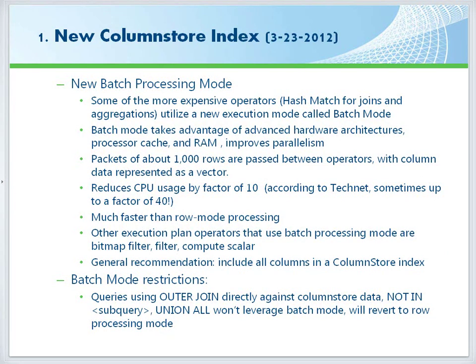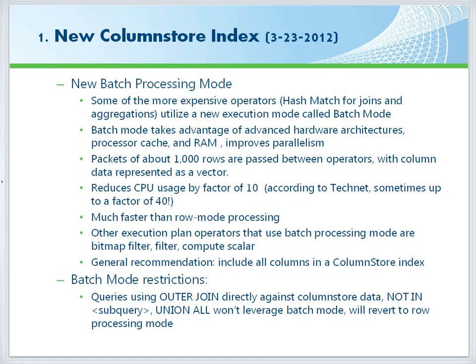we saw a few minutes ago that there is a new batch processing mode that is available for some of the more expensive operations, and the ones that come to mind are hash match for joins and aggregations. Well, they can utilize batch mode when dealing with a column store index, and we can actually see in the execution plan, both the estimated and the actual execution plan, whether or not batch mode is being used.